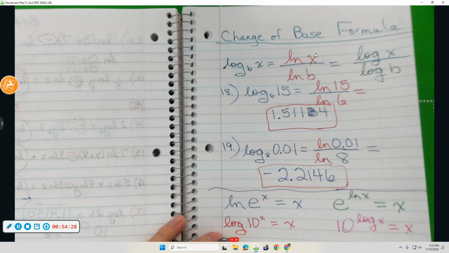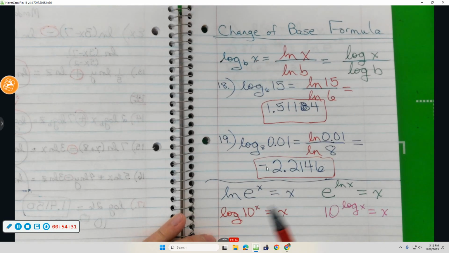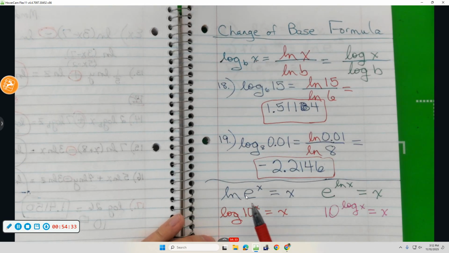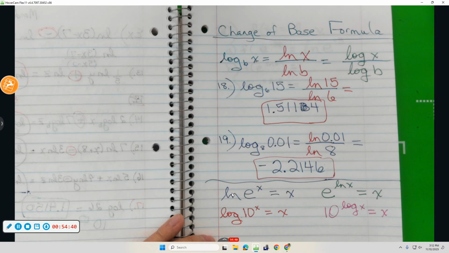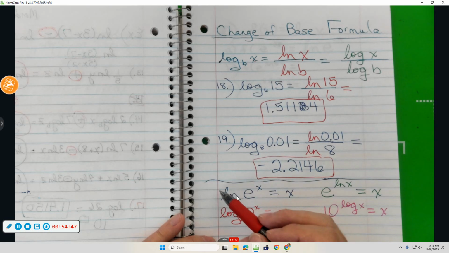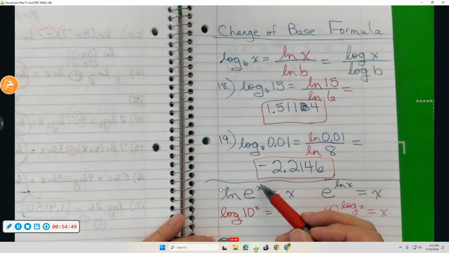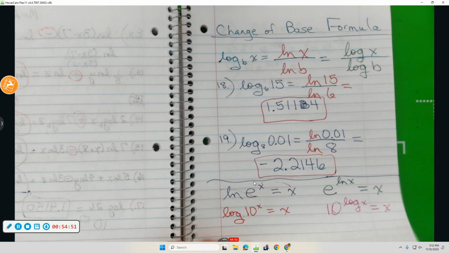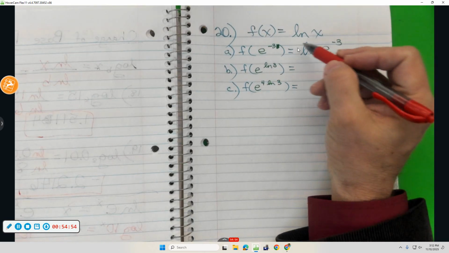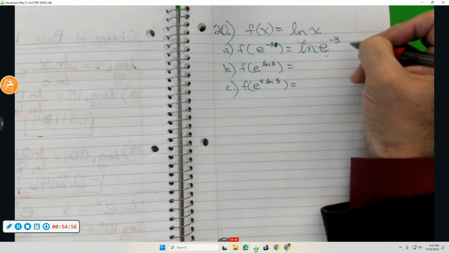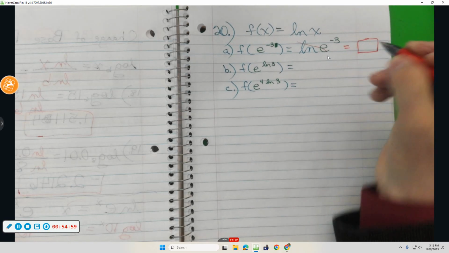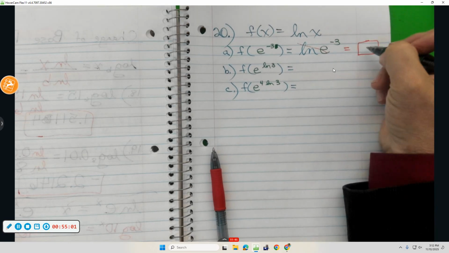When I restated the earlier properties in terms of ln and log, which one would you use, 1, 2, 3, or 4? Well, not 3 or 4. It's 1. ln and e are consecutive. They cancel out, leaving you with that exponent. The ln and e cancel out, leaving us with just the exponent, negative 3, for our answer.